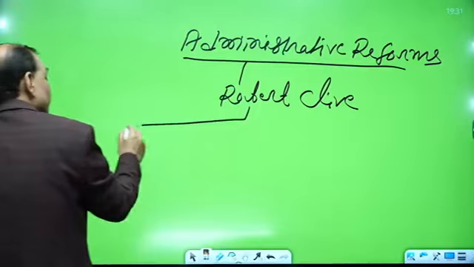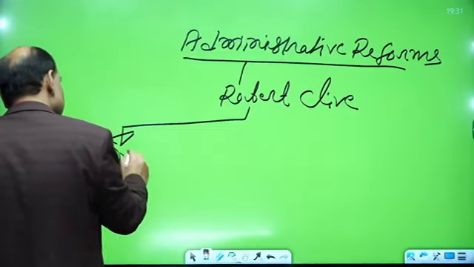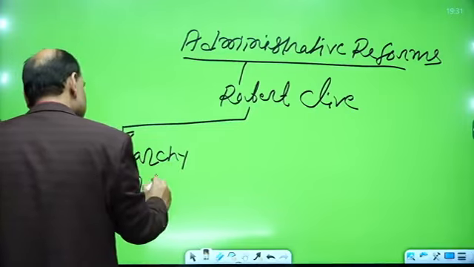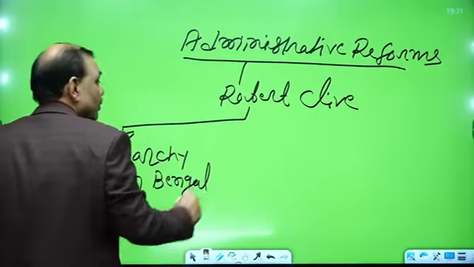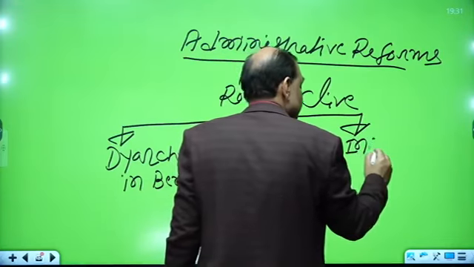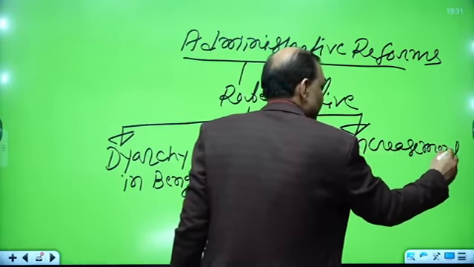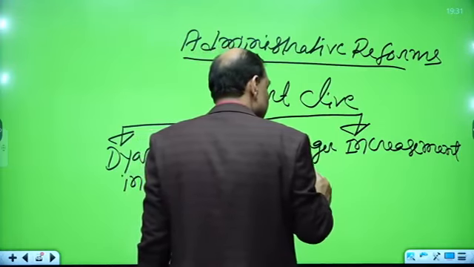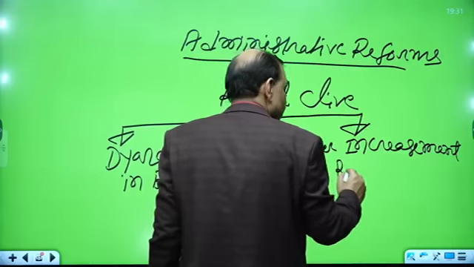In Robert Clive you find one: diarchy in Bengal, and a larger increment in the rate of revenue.